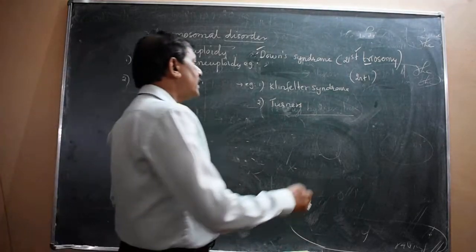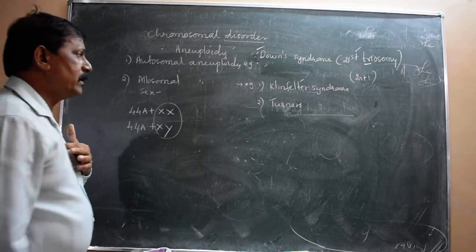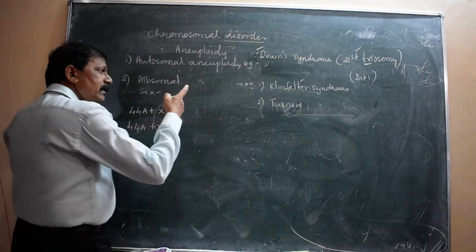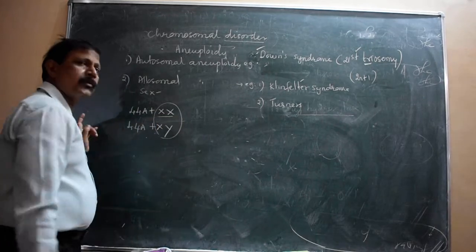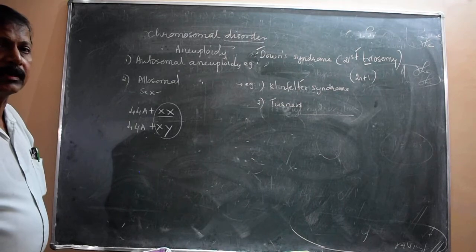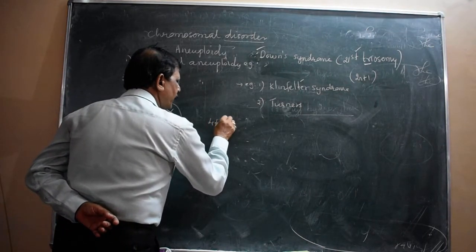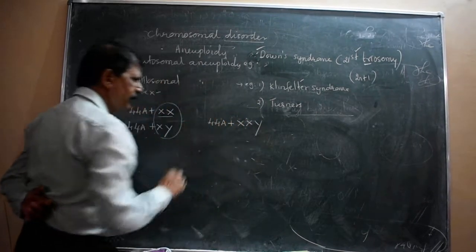One of them is Klinefelter, named after Harry Klinefelter, who first discovered this syndrome. According to him, instead of 2, 3 allosomal chromosomes, that is 3 sex chromosomes, are present, and the karyotype may be 44A plus XY.